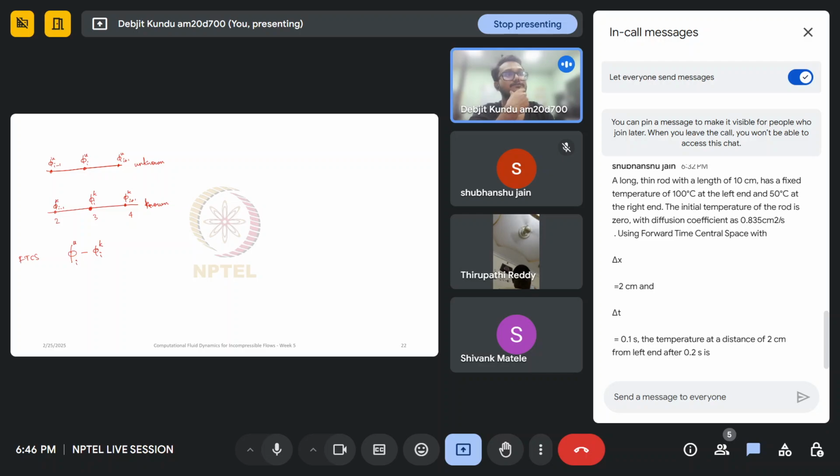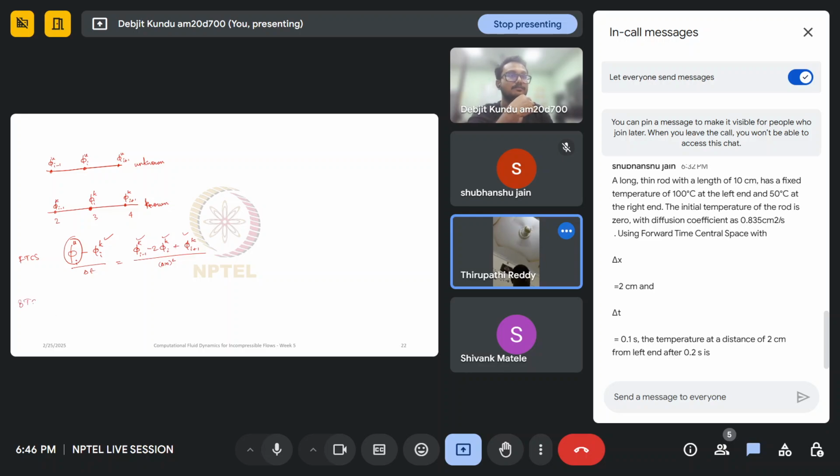We use phi i k over here, some delta t, and over here we have all known values: phi i minus 1 k minus 2 phi i k plus phi i plus 1 k. So these are all known numbers, 2, 3, 4, 5, like that. And we find out what this one unknown is. That's what the forward time method does.